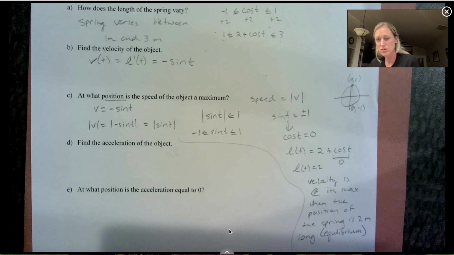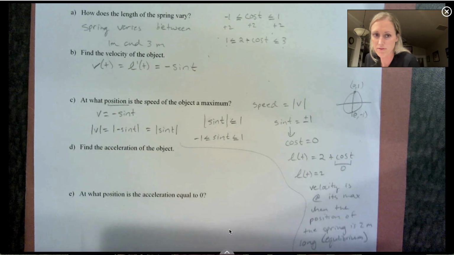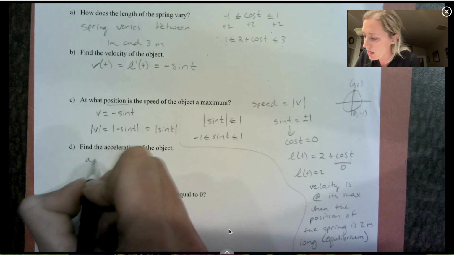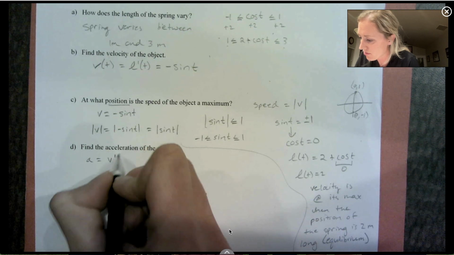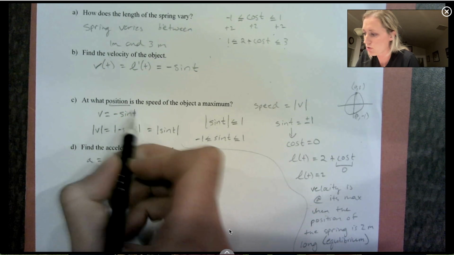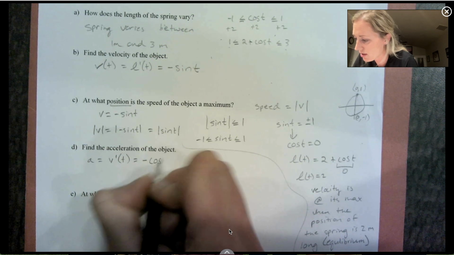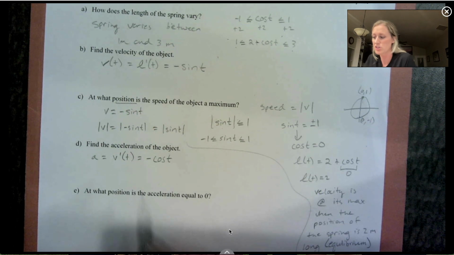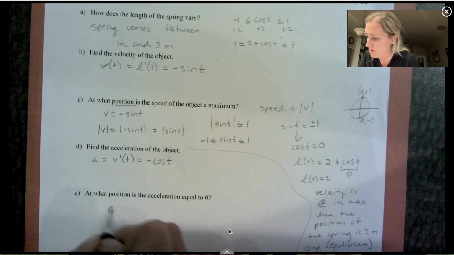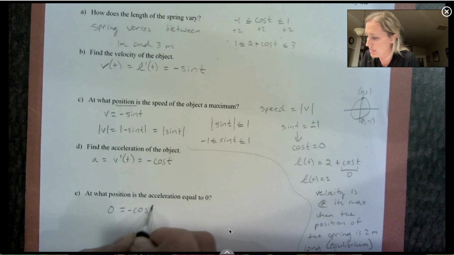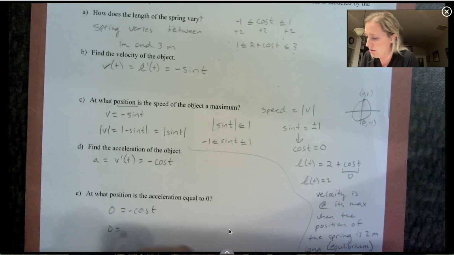Find the acceleration. So acceleration is the derivative of velocity. So A is the derivative of velocity. So the derivative of negative sine is negative cosine. At what position is the acceleration equal to 0? So let's set that equal to 0. 0 equals negative cosine of t. Divide by negative 1.